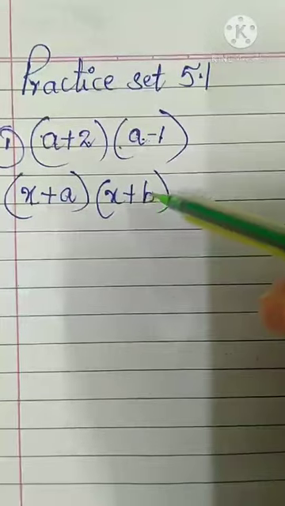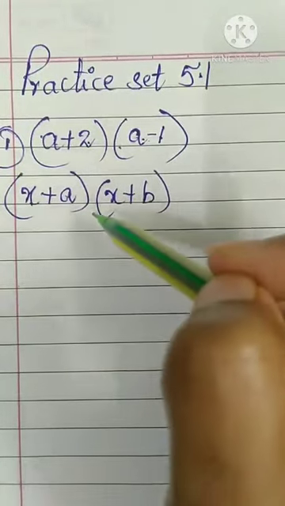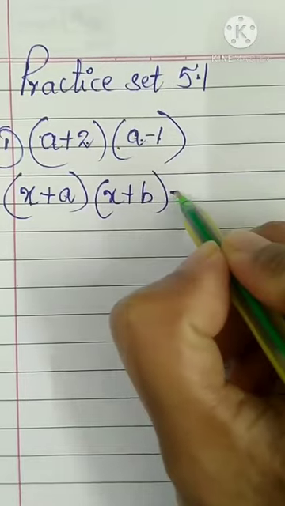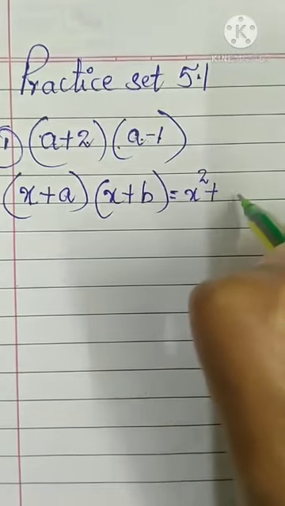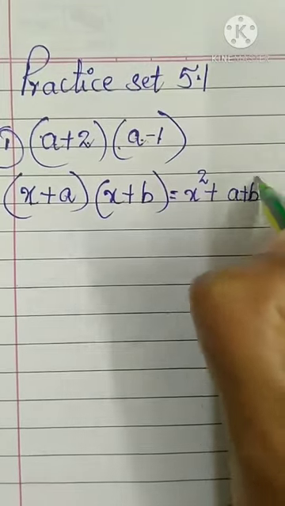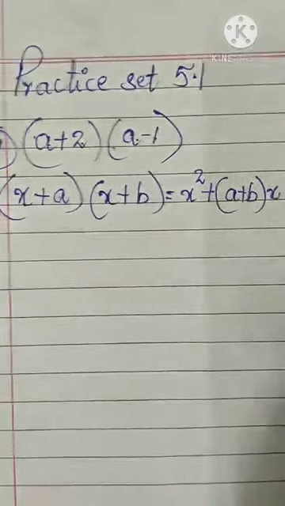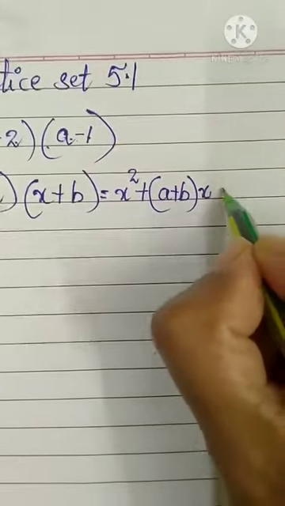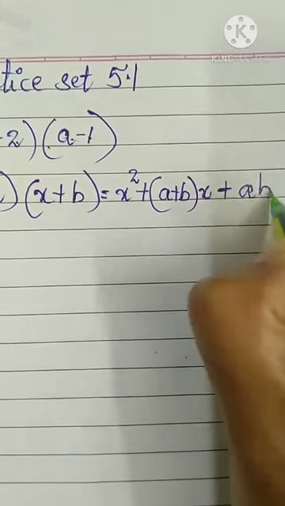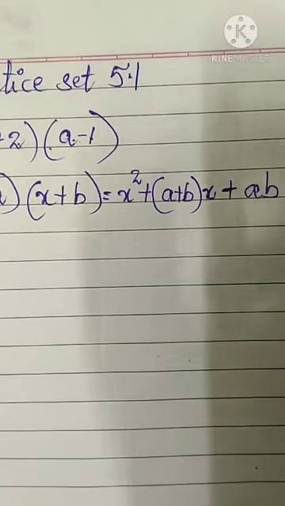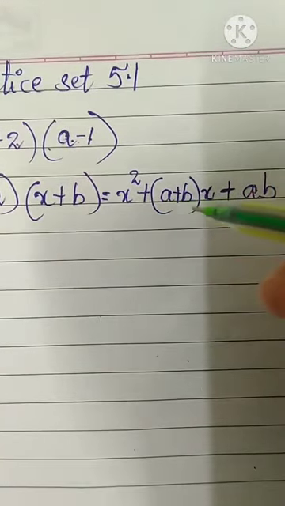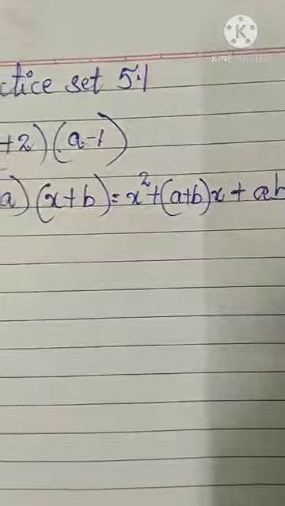So you will remember that, okay, here I have to use this formula. What is the expansion of this formula? Just now we learnt x square plus A plus B into x plus AB. Say it 2 to 3 times. You will be very good with the formula. X square plus A plus BX plus AB.